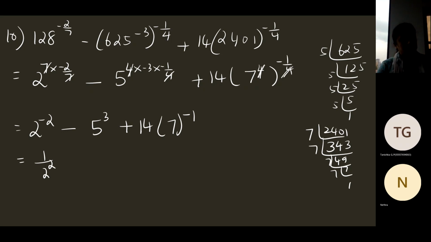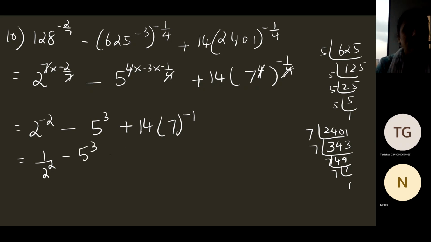8th standard: reciprocal of the base, negative of the power. Reciprocal of the base, 2 becomes 1 by 2. Negative of the power, minus 2 becomes plus 2. So 2 to the power minus 2 is 1 by 2 square.